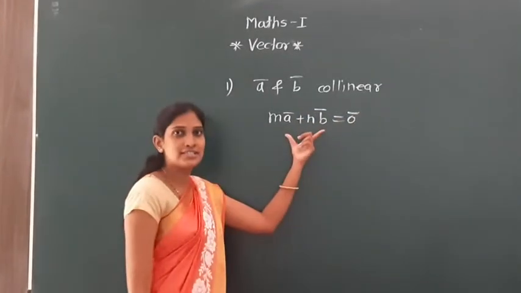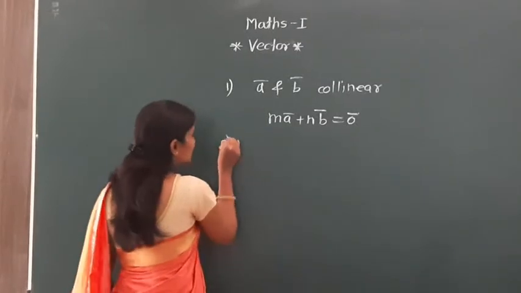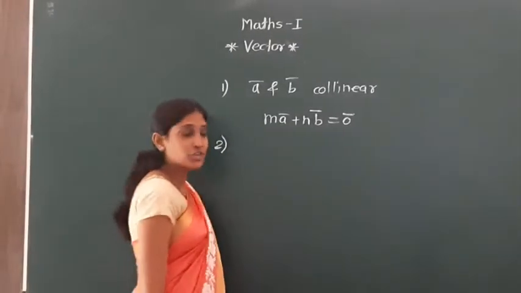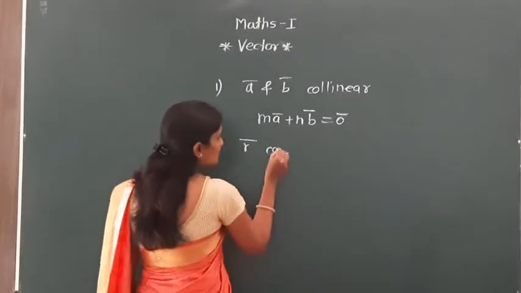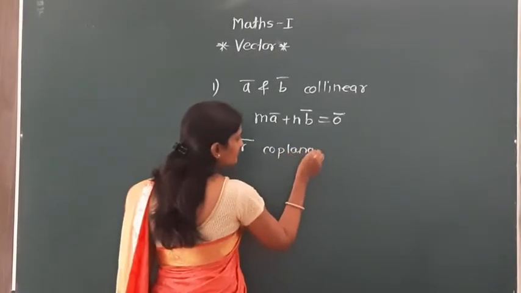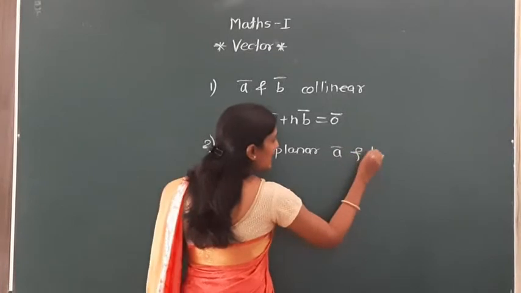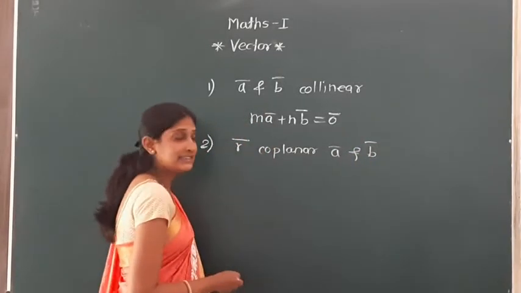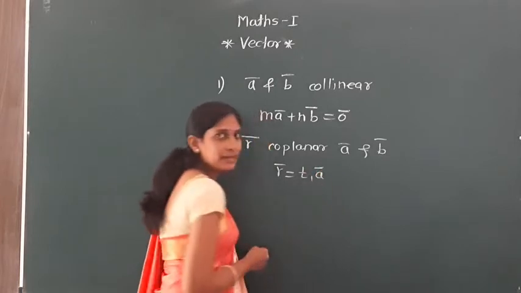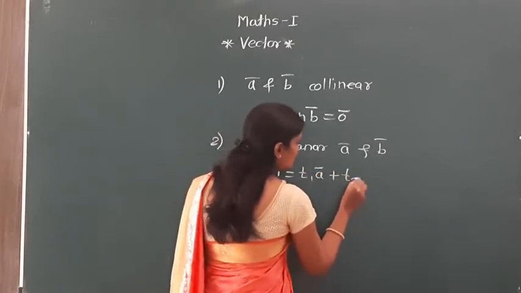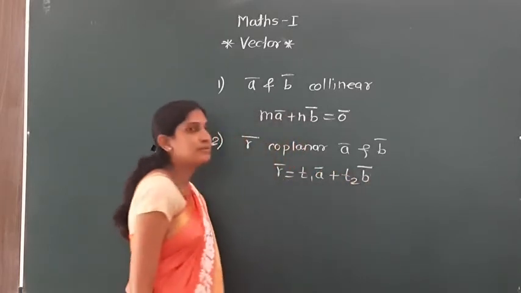And the second theorem: if r bar is coplanar with a bar and b bar, then r bar is equal to t1 a bar plus t2 b bar.